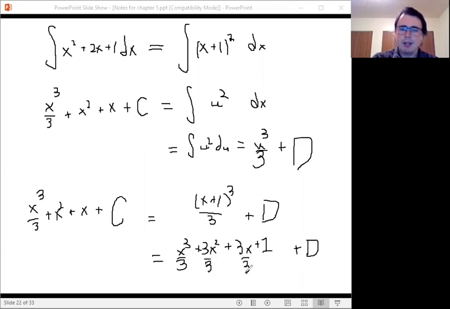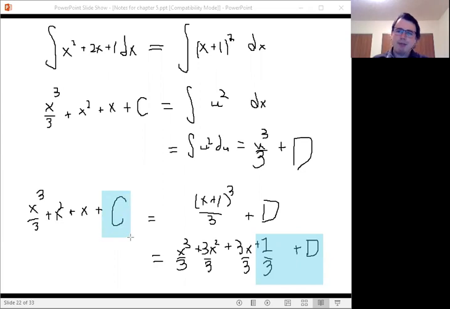So I get x cubed divided by 3 plus x squared plus x plus a constant. I really did need to have a different letter here because my constant c is different from my constant d. Somehow this extra 1/3 got sucked into my antiderivative.